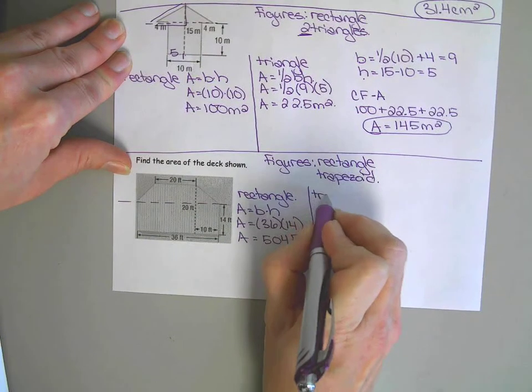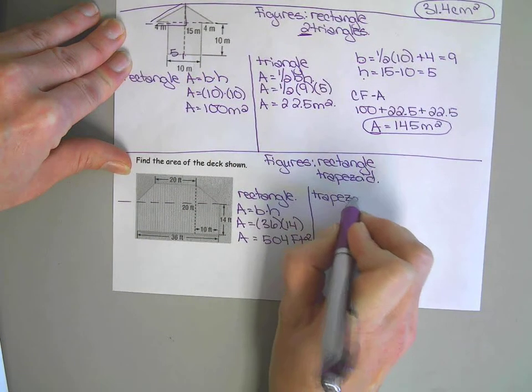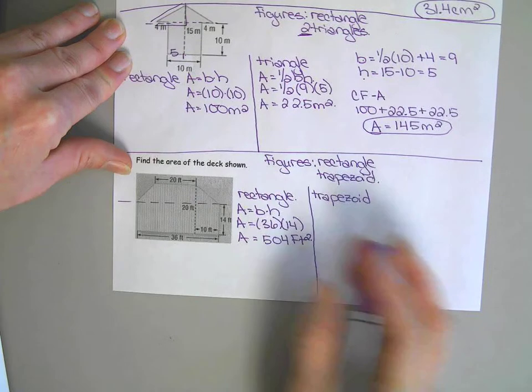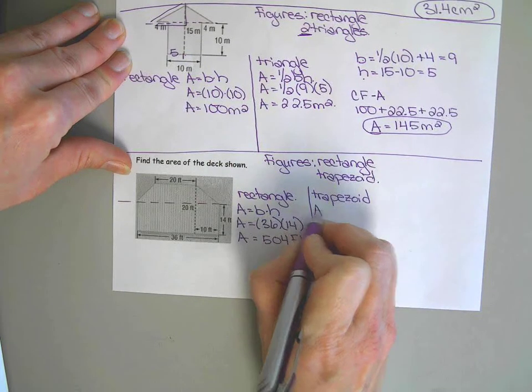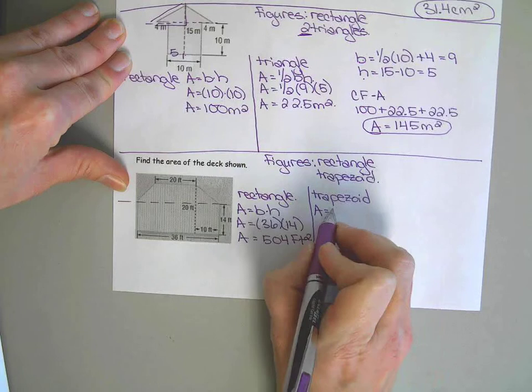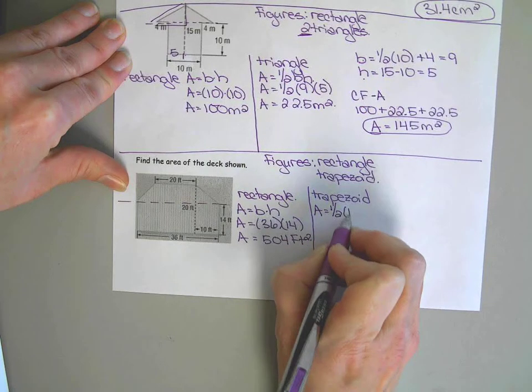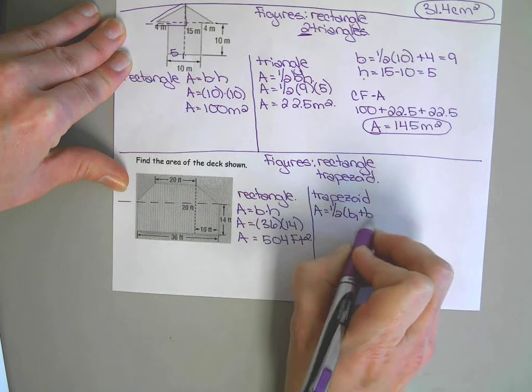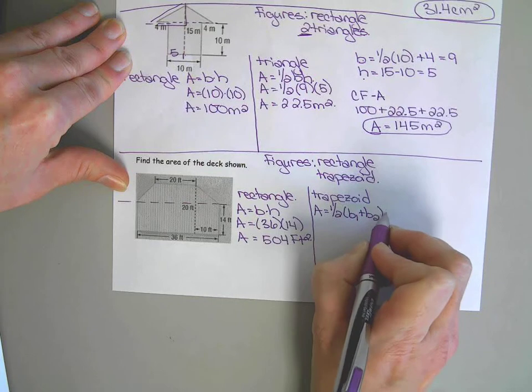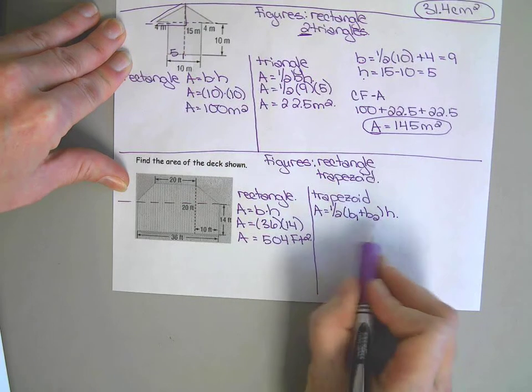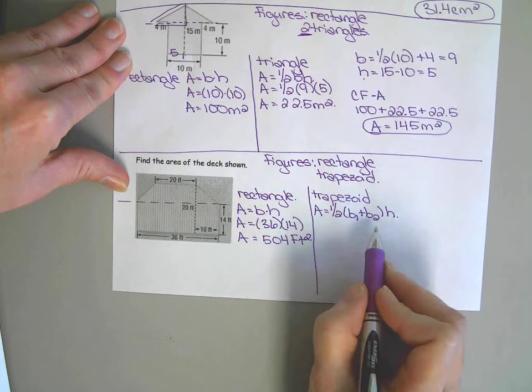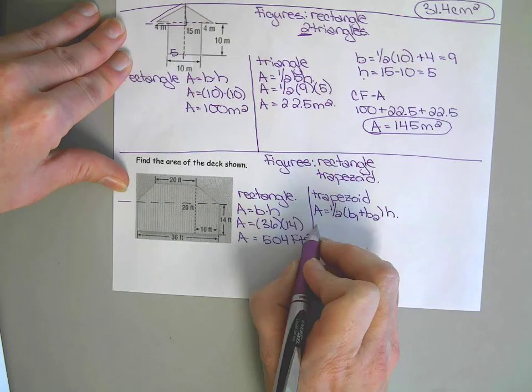Next, we have a trapezoid. So if you recall, our formula for trapezoid is half times base 1 plus base 2 times height. Remember order of operations to calculate what's inside the parentheses first.